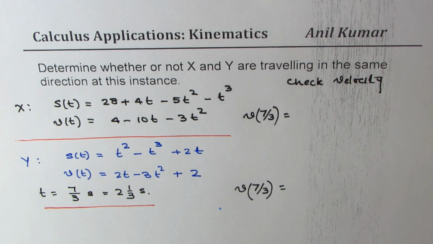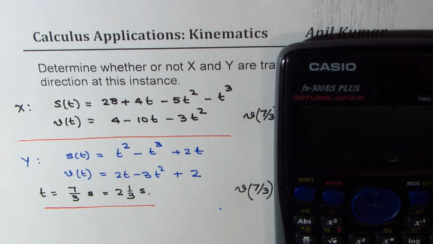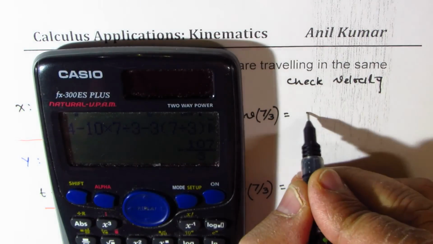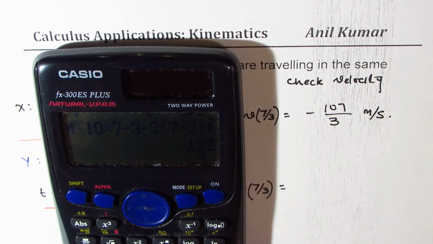But if we get opposite signs, then they are traveling in the opposite direction. So that's the critical thing. So let's just substitute the values. So for the first, 4 minus 10 times 7 divided by 3 minus 3 times within bracket 7 divided by 3 square gives me a value which is minus 107/3, obviously meters per second.